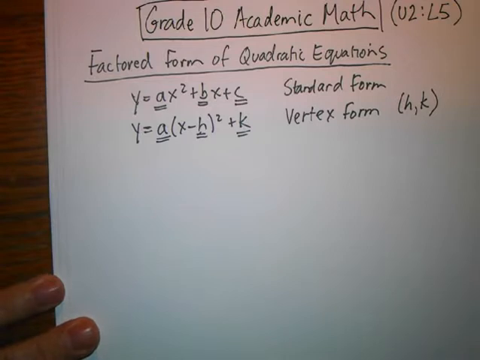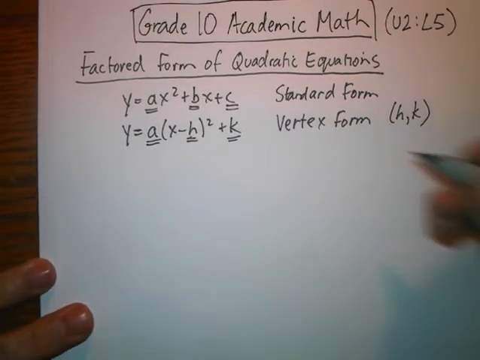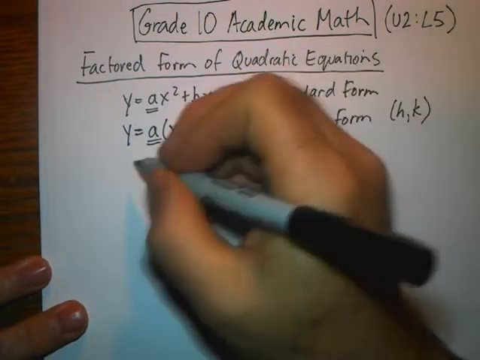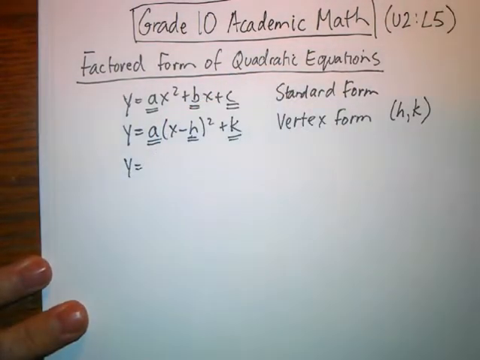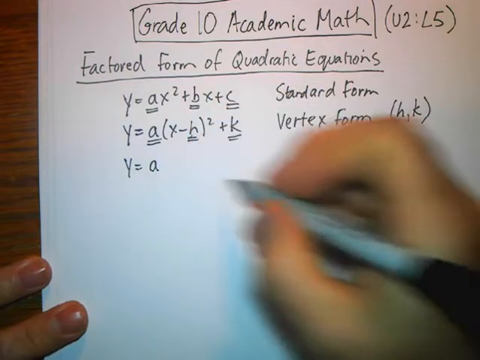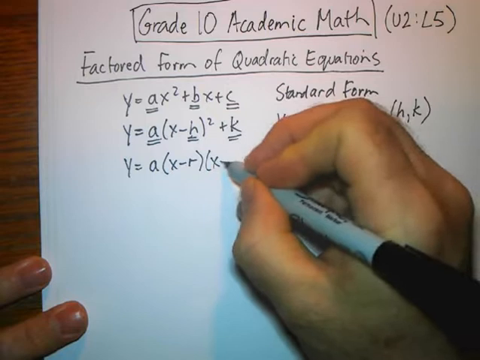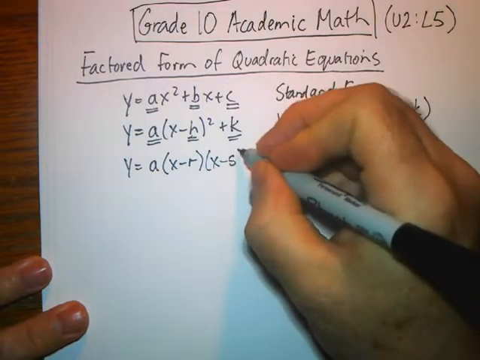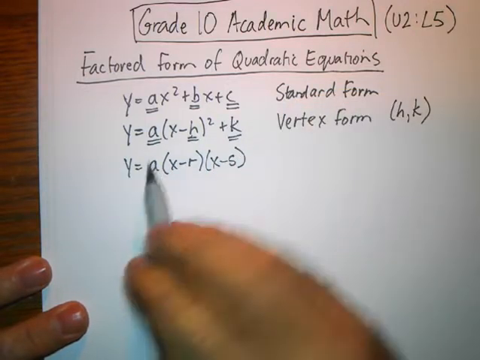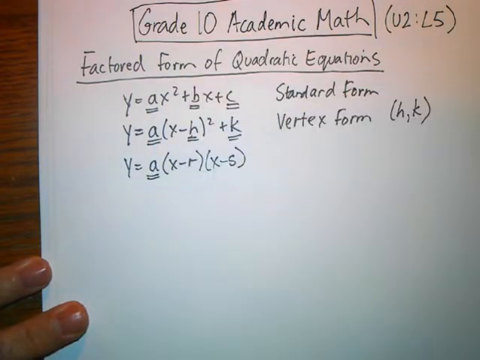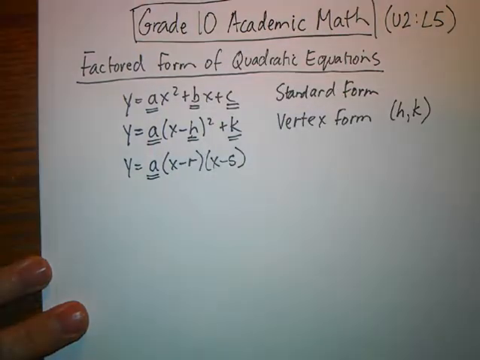Before the break, we also talked about a third form of a quadratic equation, and that looked like this. Still another a, and this time we had two binomials in brackets. Again, the a is exactly the same as the other two forms. The a told you how much the parabola was stretched or compressed and whether it was reflected, and that's the same for all three forms.